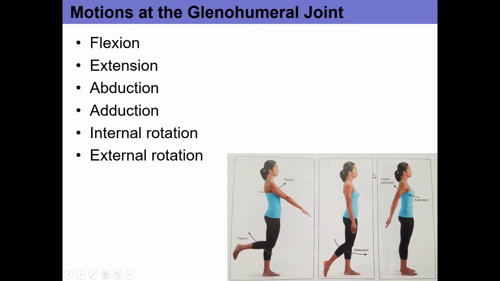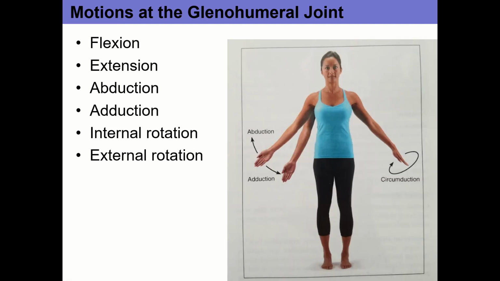And so you can see here that some books refer to anything past the body. So she brings her arm from being at her side backwards. A lot of books refer to that as hyperextension. I don't use that term much. I basically just use extension. So flexion is forward, if that helps, and then extension is returning from flexion or coming back this way, as she's doing all the way on the picture on the right.